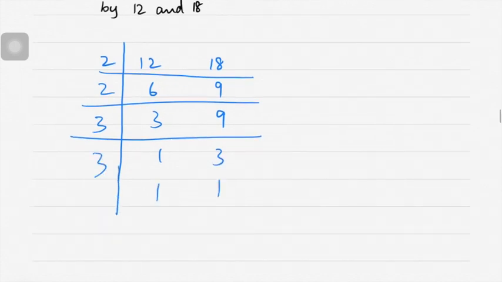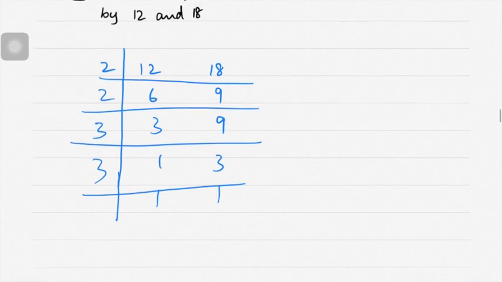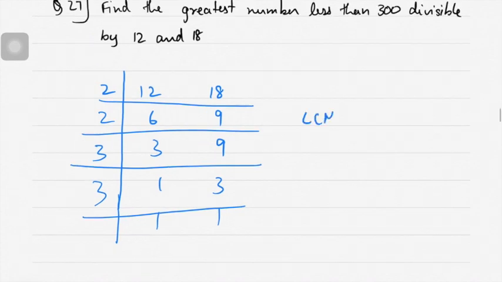Then 3 1s are 3, 3 3s are 9, 3 1s are 3. So here my LCM is 2 into 2 into 3 into 3. Correct? Which comes to 36.